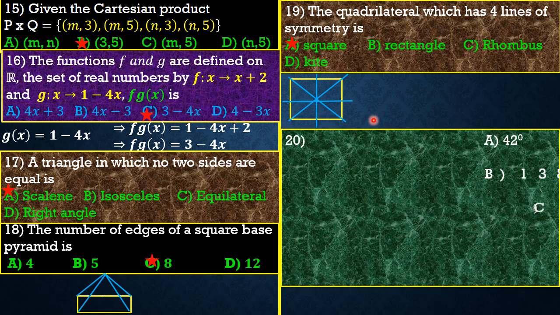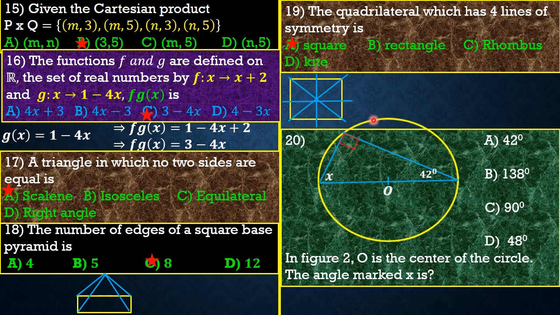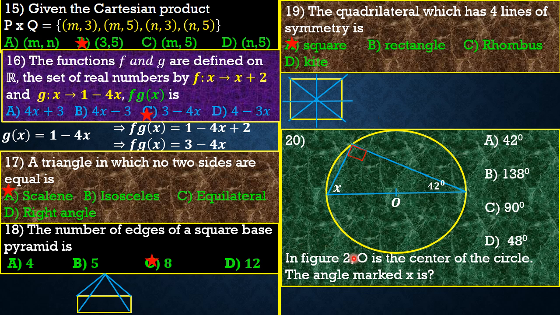Okay. Now, guys, question 20 simply reads that in figure 2, O is the center of the circle. The angle marked X is, these are the various options.